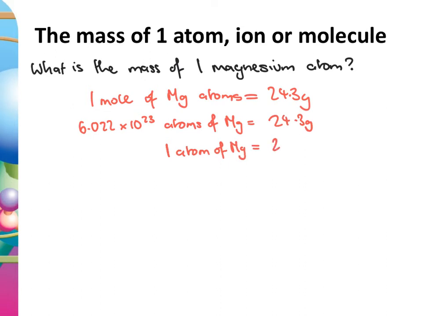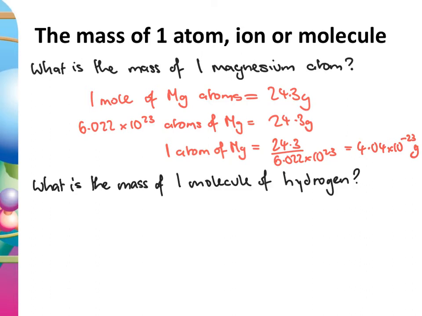So we've got 24.3 divided by Avogadro's number, and that equals 4.04 times 10 to the minus 23 grams. Perhaps unsurprisingly, the mass of an atom is incredibly small.